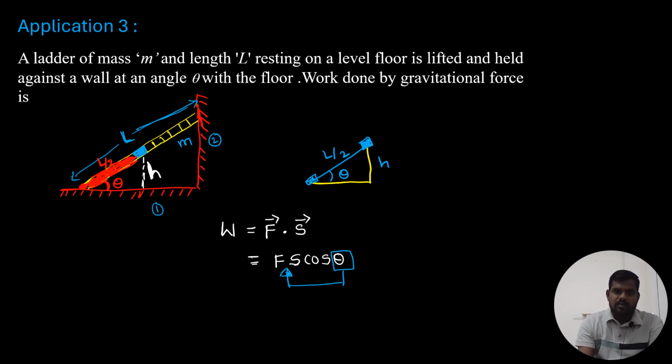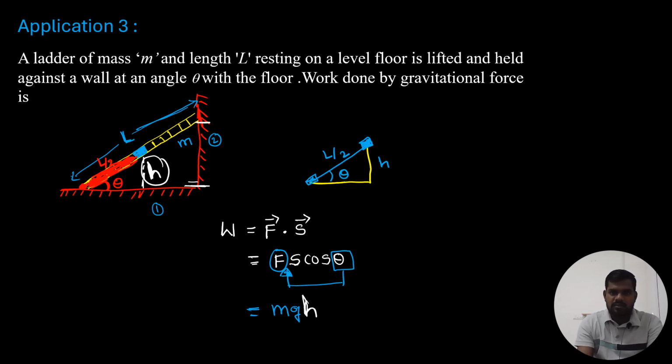The force is the gravitational force, which is mass into g. S is the displacement, how much the body has moved. Initially the ladder's first end is on the floor, and from the floor we raise it. We consider the height from the center of the ladder, so the height is h. In place of displacement, I take h.